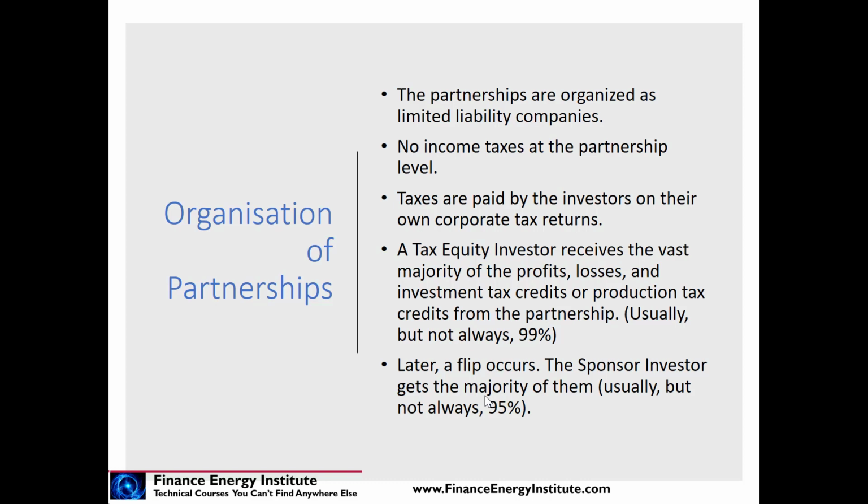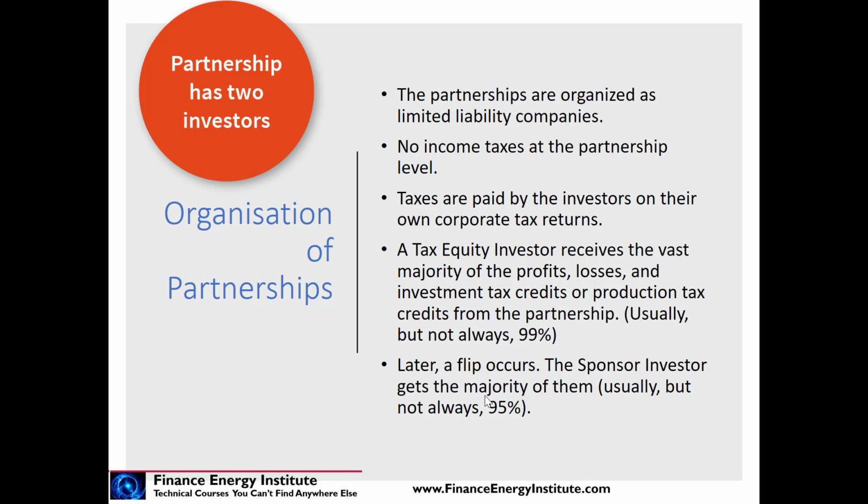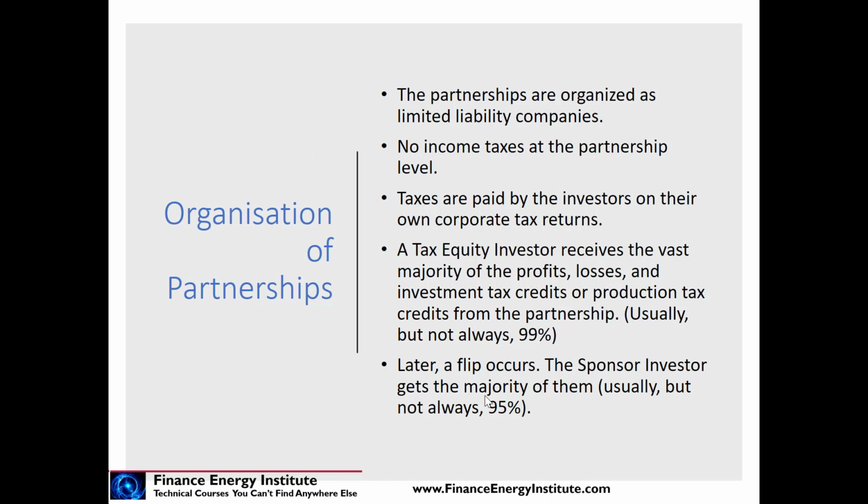And so once again, the partnership company. You draw a little circle. They don't pay taxes. But the depreciation and these production tax credits and all that stuff can be used by these different partnerships. And then here's where it gets a little tricky.